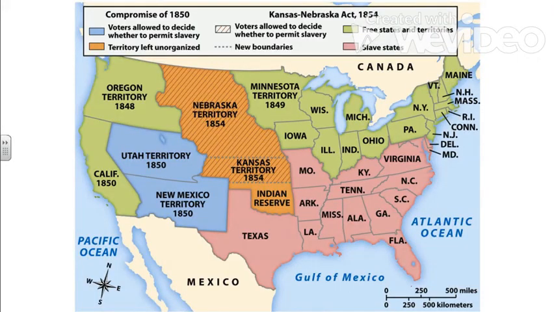The territory of Nebraska and Kansas would be split in two, and the voters would get to decide through a process known as popular sovereignty whether those states would be added to the Union as a free or a slave state. So Kansas would hold an election, and they would vote for entering the Union as either a free state or a slave state. The whole goal was that under popular sovereignty, the people of the state would get to decide. So you get a little bit more direct democracy.